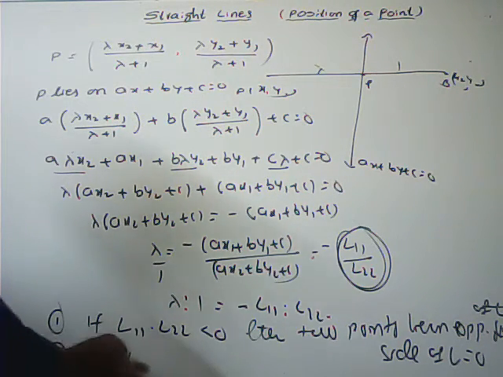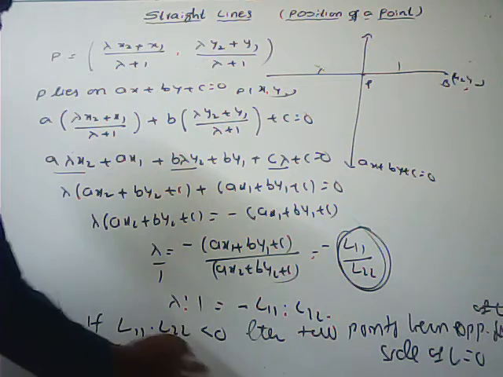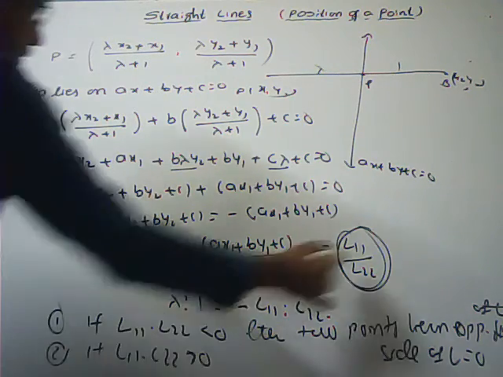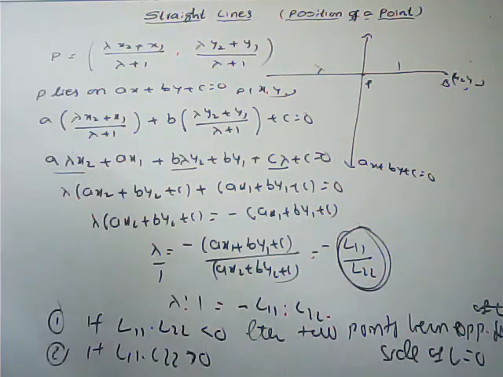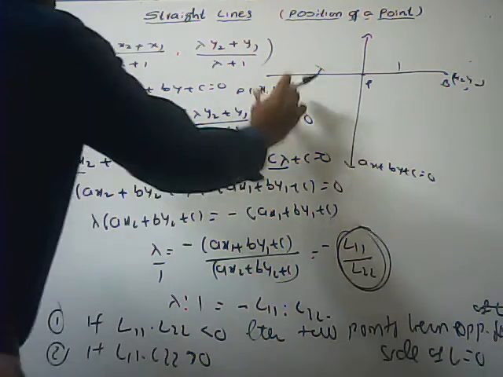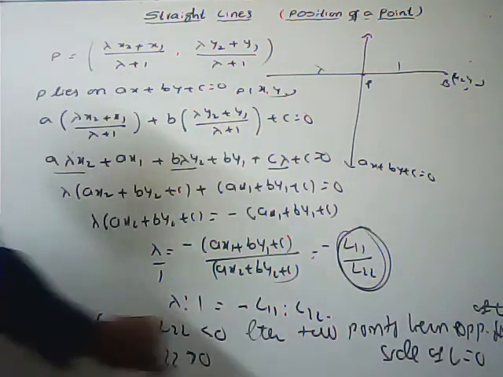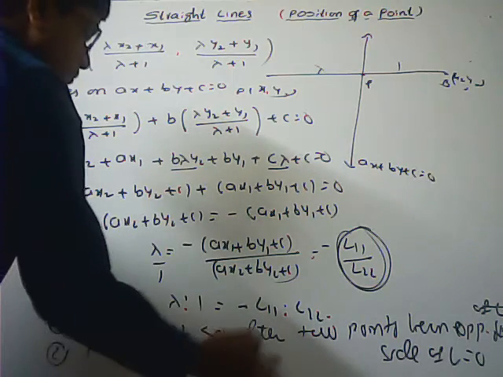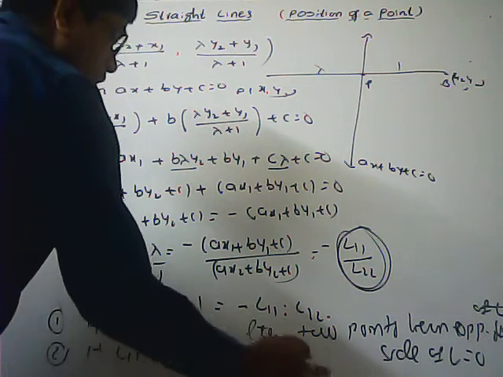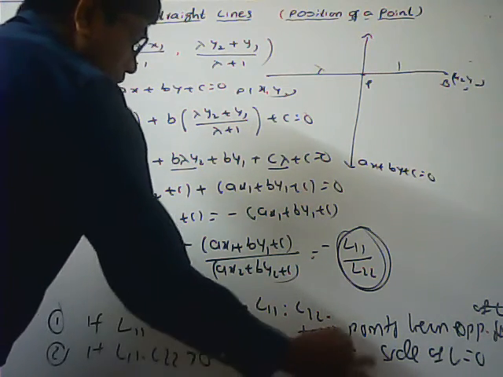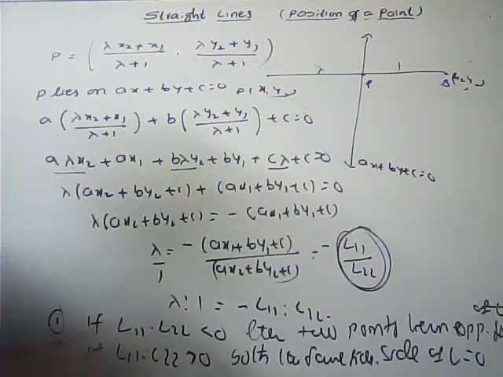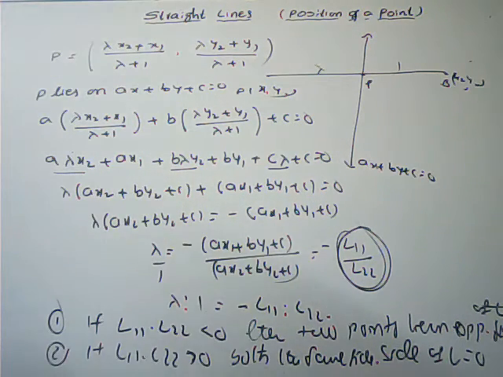If L11 into L22 is greater than 0, the ratio is negative. So the line divides externally. Externally means both the points lie on the same side of the line. Now we can discuss some problems related to this concept.